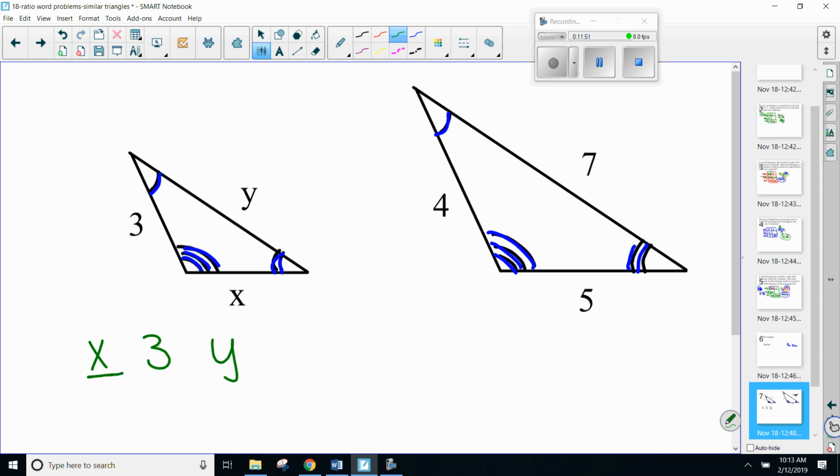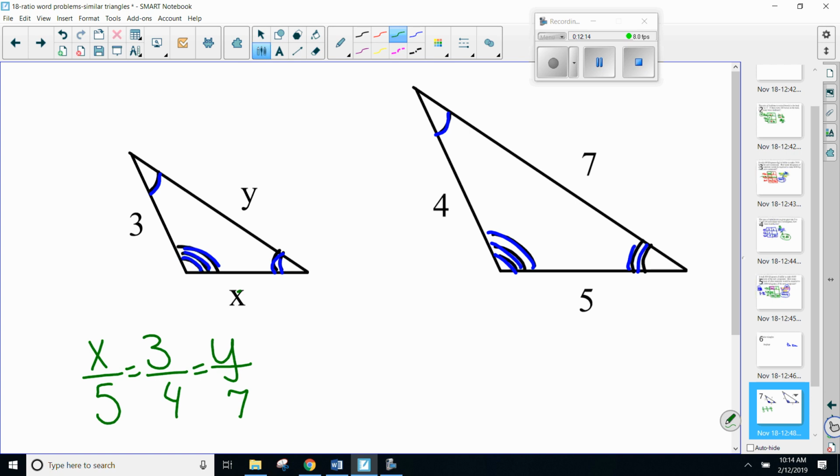What corresponds to side length x in the large triangle? 5, because it's between the triple and the double tick mark angles. So x corresponds to 5, 3 corresponds to 4, and y corresponds to 7. They are proportional to each other. Similar triangles, the sides are proportional to each other.